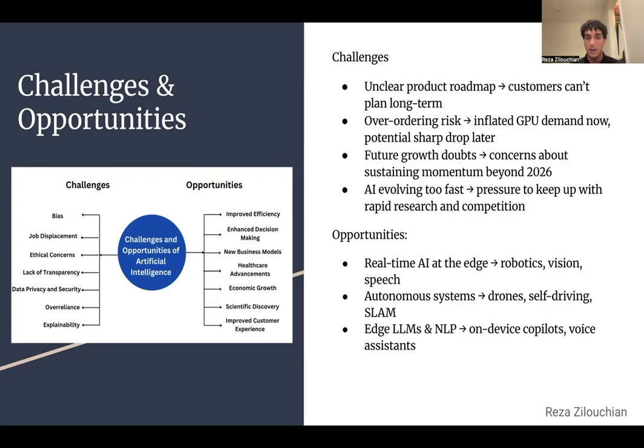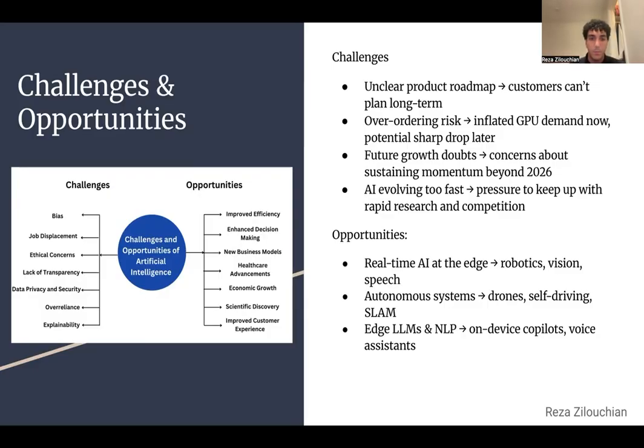But on the flip side, there are huge opportunities. NVIDIA AI boards enable real AI at the edge in robotics, computer vision, and even speech recognition. In automotive systems, they have drones, self-driving, and even SLAM, self-driving as in like Tesla that we see today.